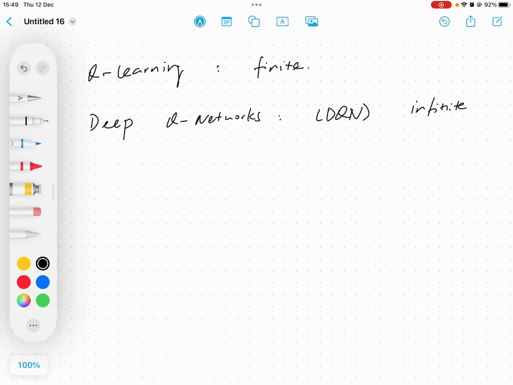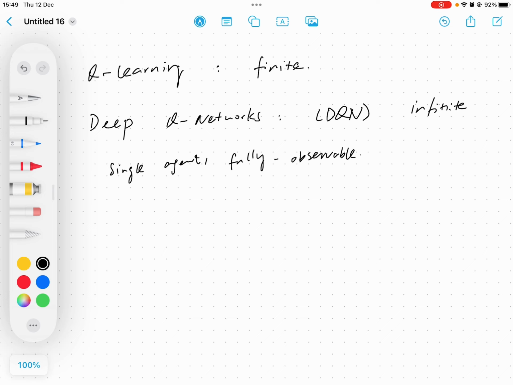But it is still a very powerful and fundamental algorithm for us to understand in order to further understand many other more complicated algorithms in reinforcement learning.